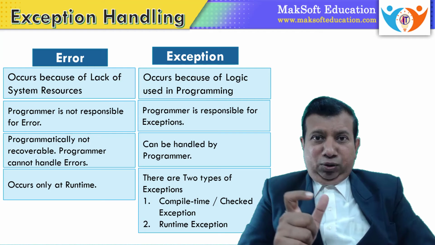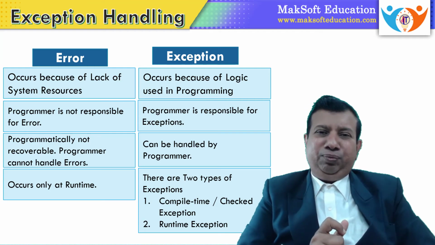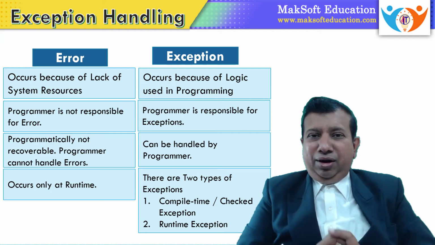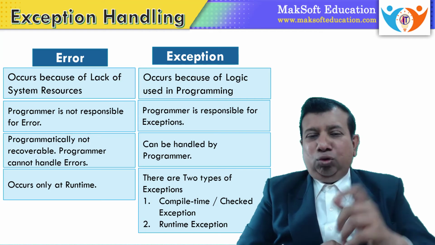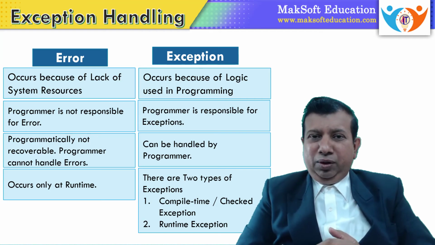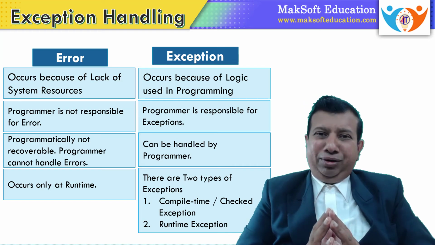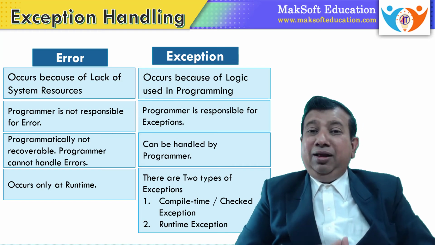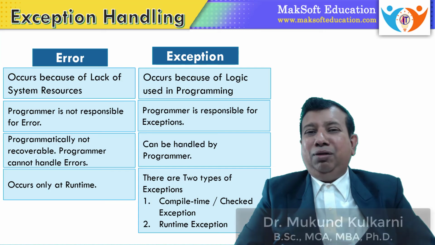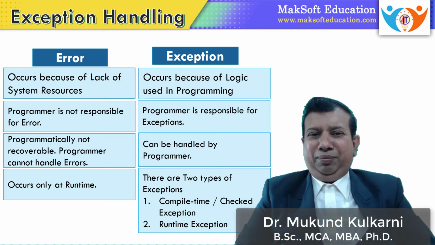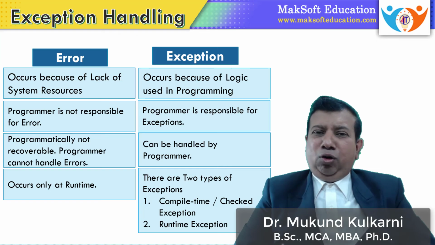Any class that uses the IO exception class is declared as throwing IO exception, and therefore once you are writing code for input and output operations, at that time handling IO exception becomes compulsory for the programmer. The second type of exception is runtime exception that occurs at runtime.